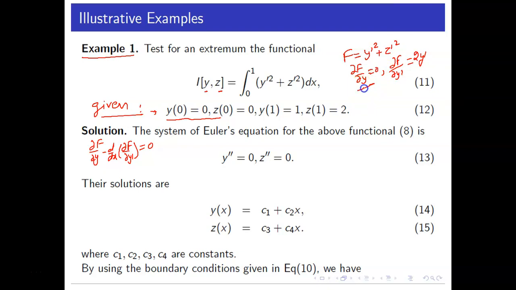Now if we substitute these over here, we get 0 minus d by dx of 2y dash. Y dash means dy by dx, so this is a second order derivative. So from here you get 2y double dash equal to 0, but 2 cannot be 0, so you can simply write y double dash equal to 0.